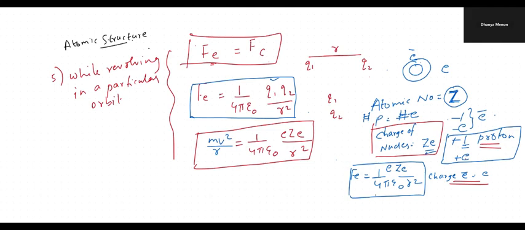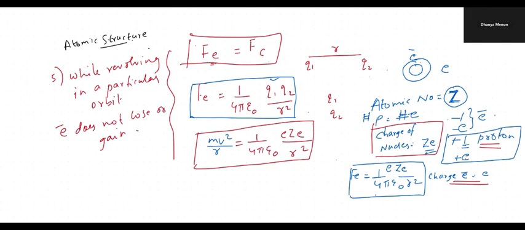So that means the energy of an orbit is fixed. Okay, so that means energy of an orbit or a shell is fixed.